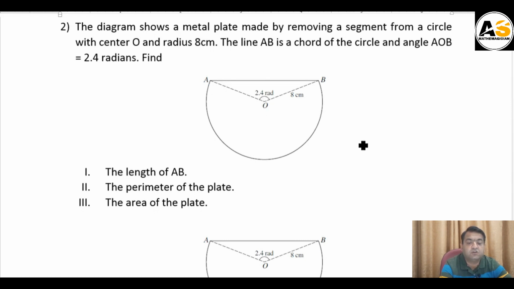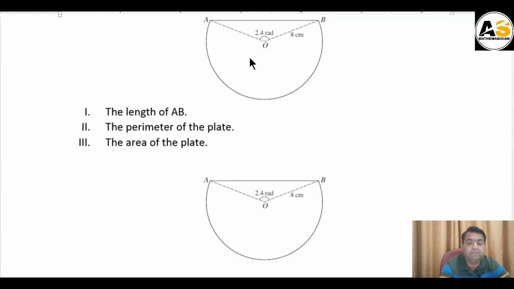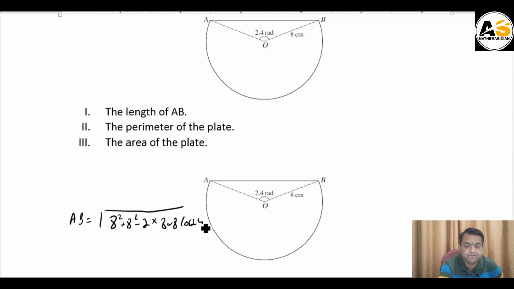First of all, we have to find the length of AB. It's very simple. For the length of AB, this side is 8, this side is 8, and the included angle is 2.4. So the side in front of this angle is given by AB equal to square root of 8 squared plus 8 squared minus 2 multiplied by 8 into 8 cos 2.4.